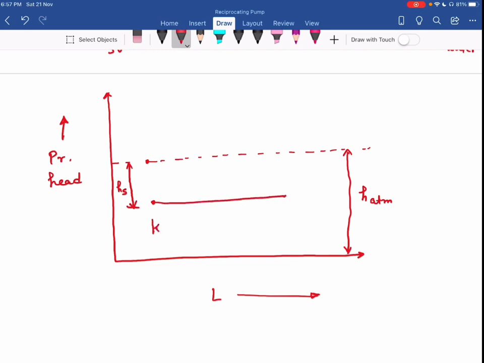So this is my stroke length L. My crank rotation is from 0 degree to 180 degree. So at the mid, my theta is 90 degree. Okay. So at 180 degree position of crank, my delivery valve opens. Now piston applies the pressure on the liquid inside the cylinder. So at that very time, the pressure is more than atmospheric.